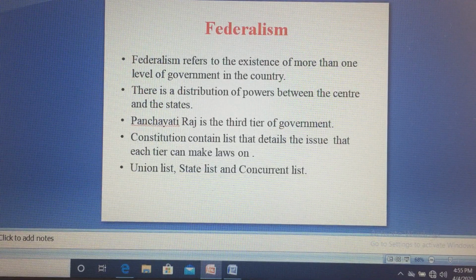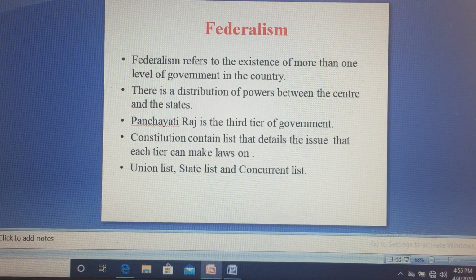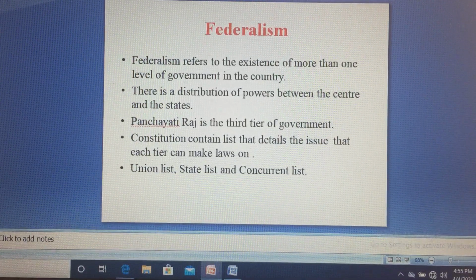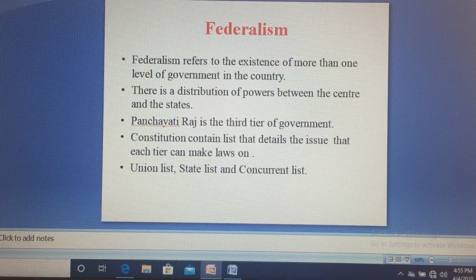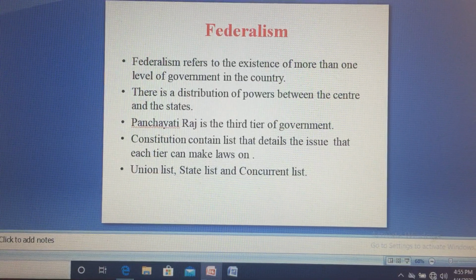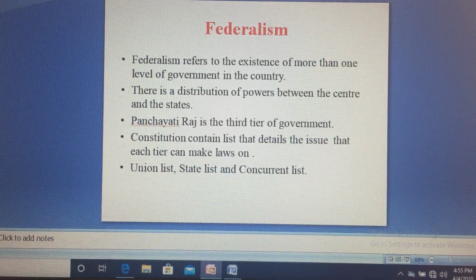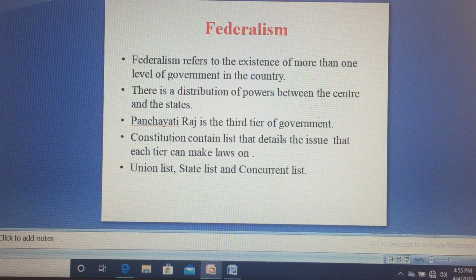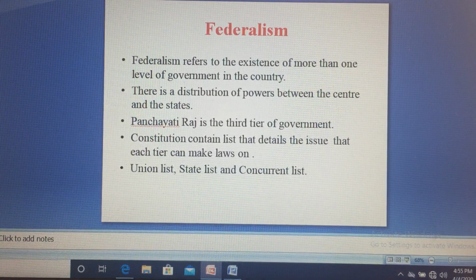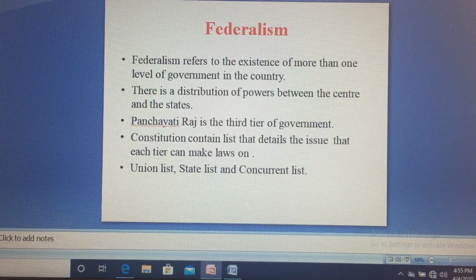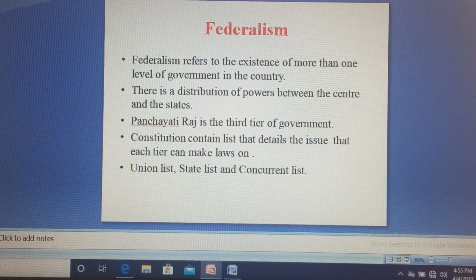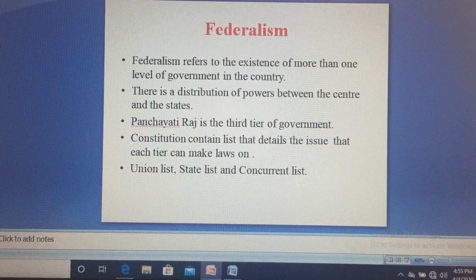The central government can only make laws on those subjects. In the state list, there are many subjects on which the state government can make law, like health, infrastructure and education.